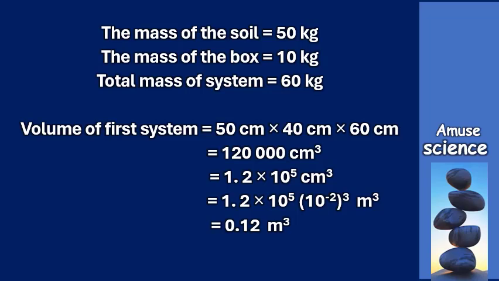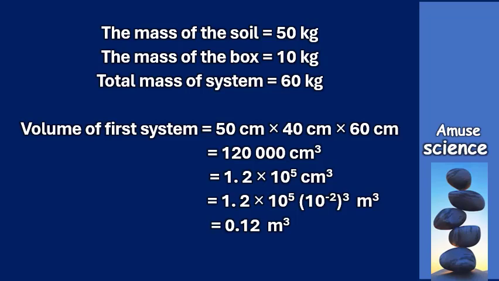Because our mass was given to us in kilograms, our volume must also be in the correct unit, which must be cubic meters. So let us convert our volume into cubic meters. By converting the volume into cubic meters, we just substitute the value of the c, that's the centi, and cube it.